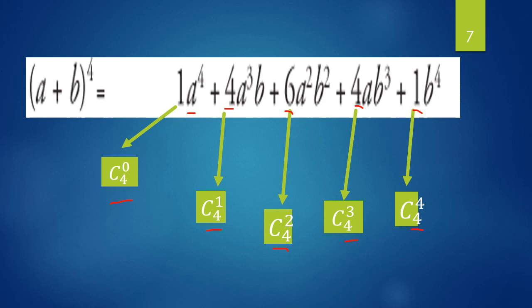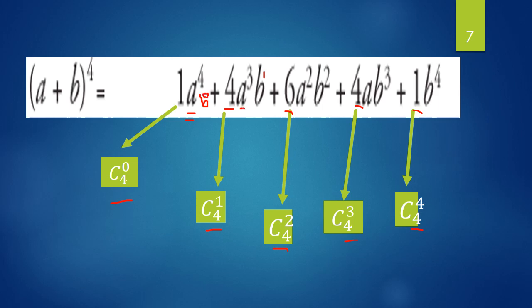Note that here a is all a^4. Here a loses one power and it gives this power to b. So here we have b^1 and here we have b^0, and so on.